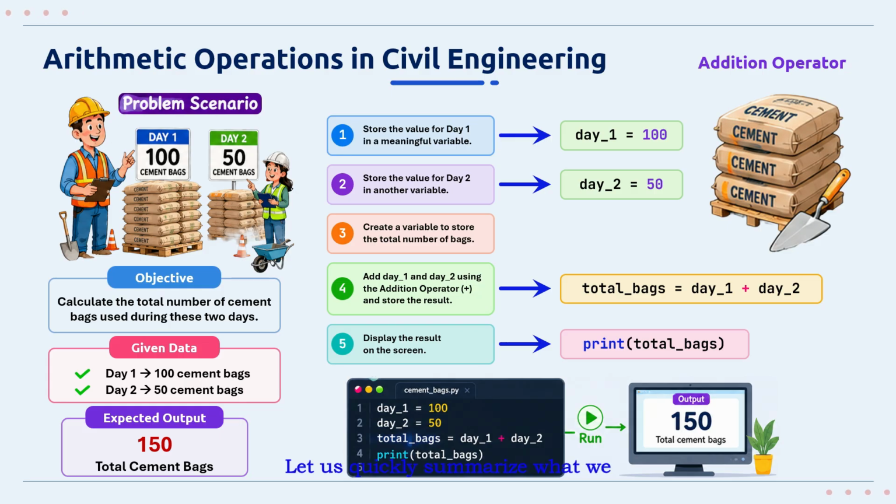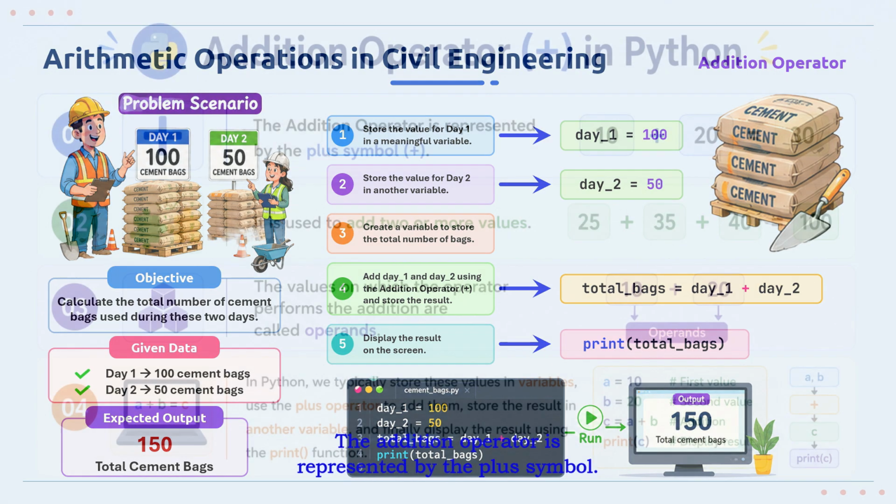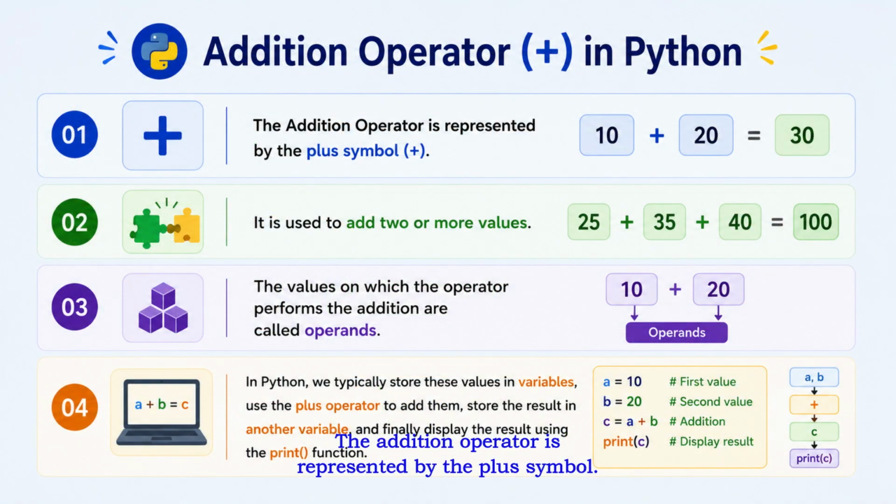Let us quickly summarize what we have studied about the addition operator. The addition operator is represented by the plus symbol. It is used to add two or more values. The values on which the operator performs the addition are called operands.